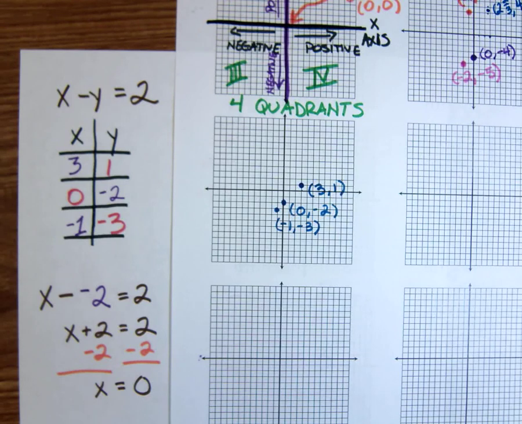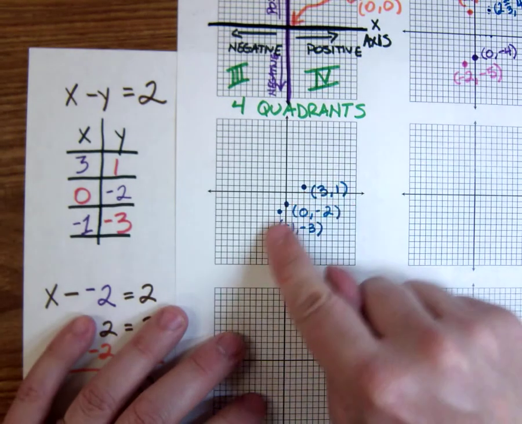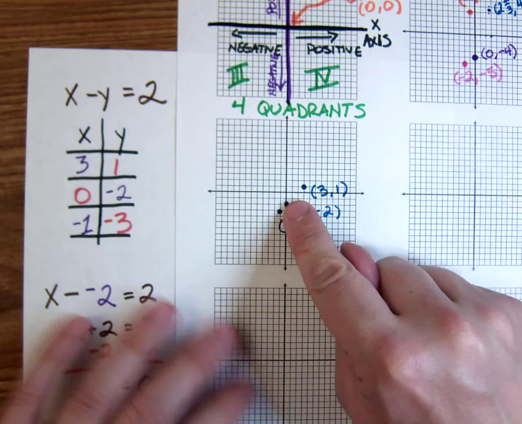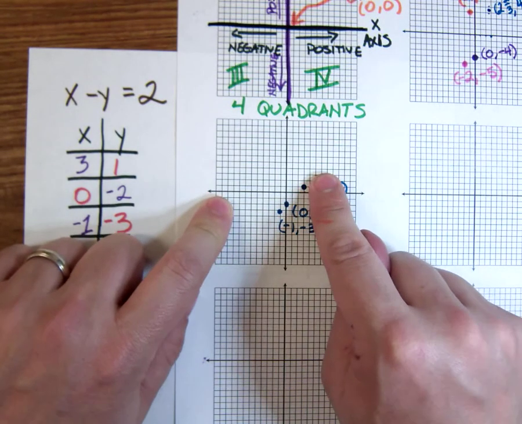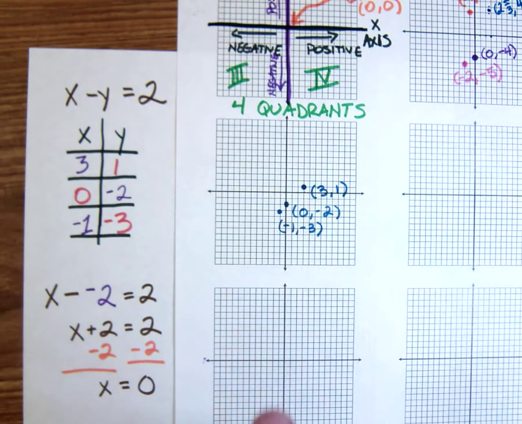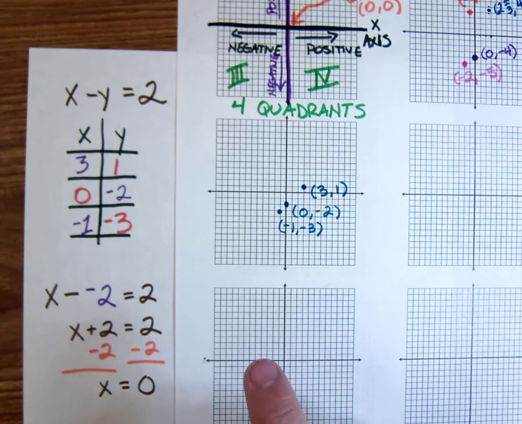If you do 3 coordinates and you mess up on one of them, you will realize you messed up because the dots will not be in a straight line. You'll have one here and one here and one way over here. And they won't be in a straight line. You won't know which one is wrong, but you will know one of them is wrong by doing 3 coordinates. If you only do 2, you'll always be able to draw a line through them, even if you're wrong.